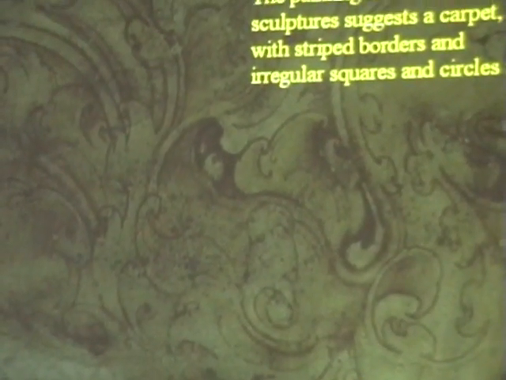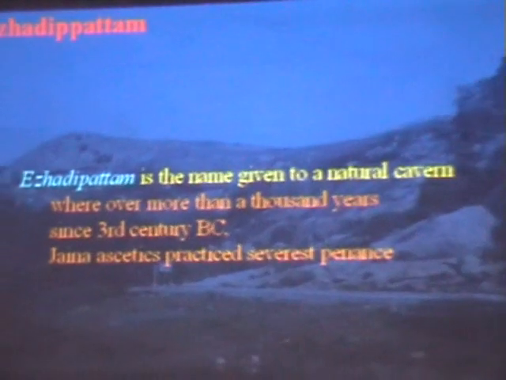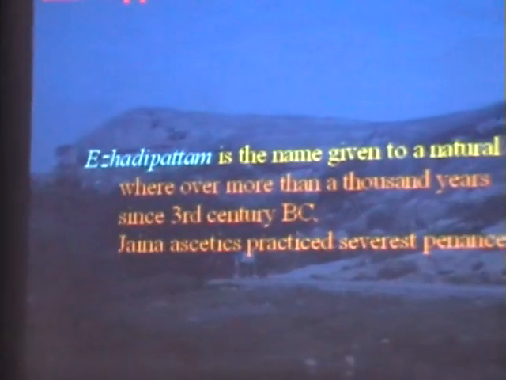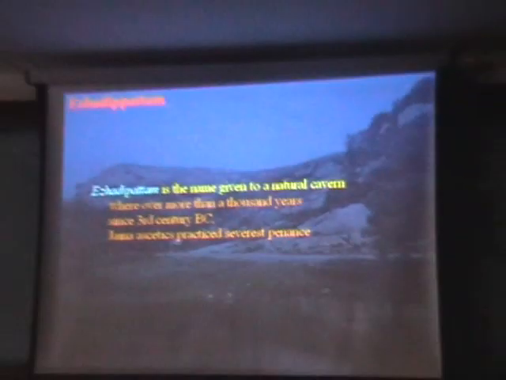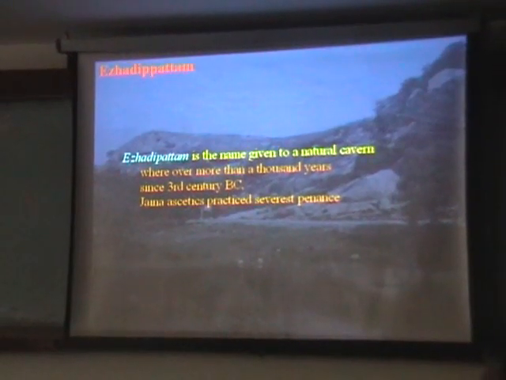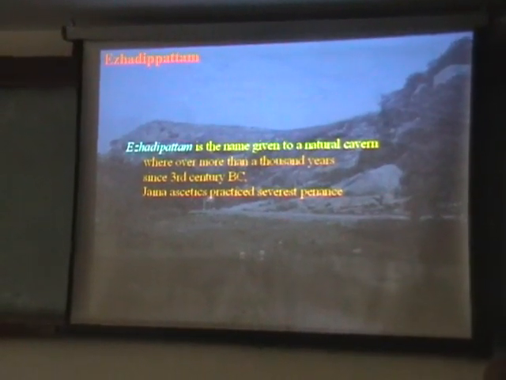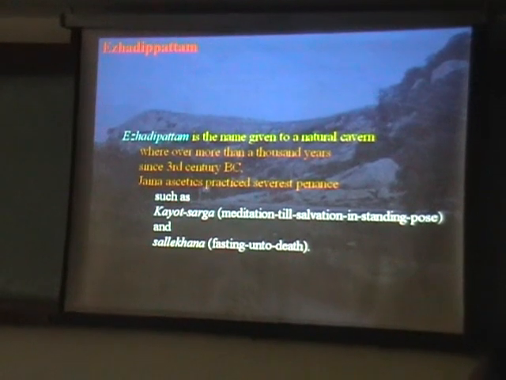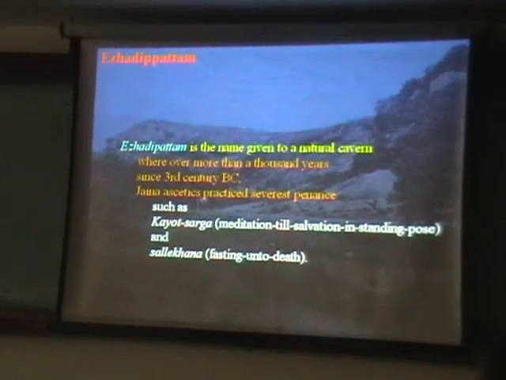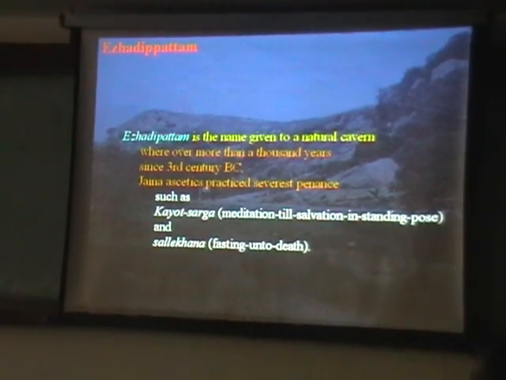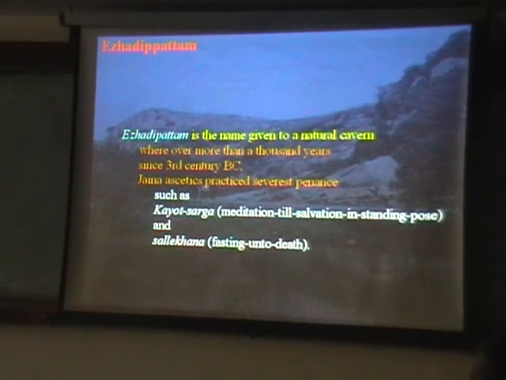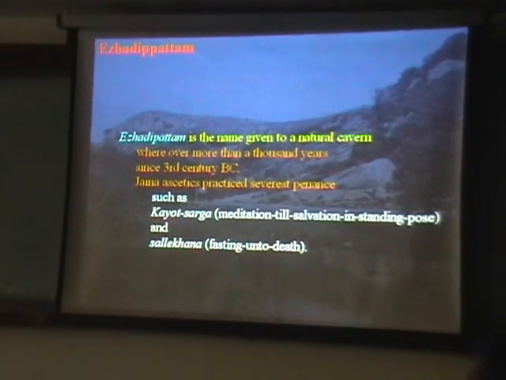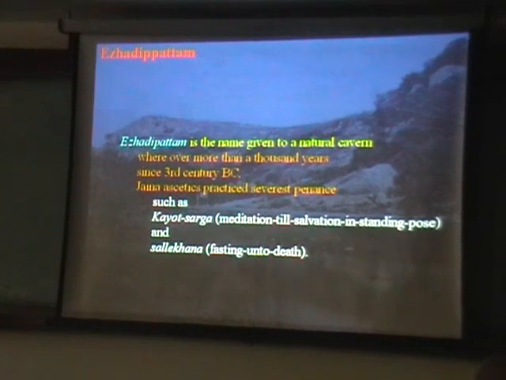The paintings above the 3 relief sculpture caverns, where Jaina ascetics did severest penance from the 3rd century BC, remember. In fact, all our historical evidences are from the 3rd century BC only in the whole country. Because Ashoka started engraving his edicts.